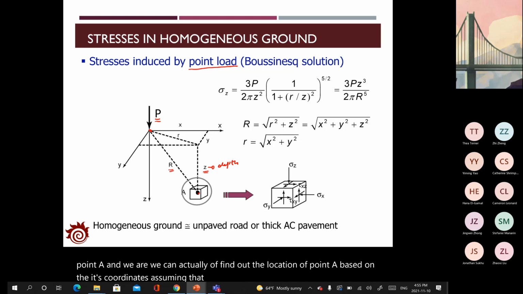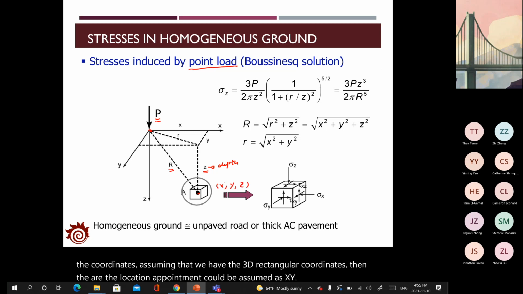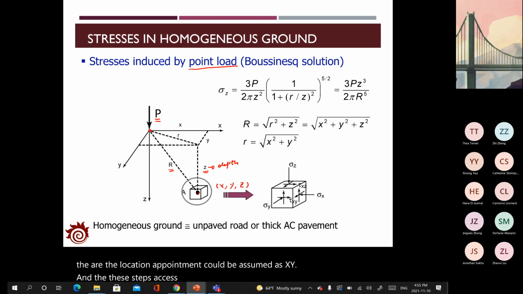and we can actually find out the location of point A based on its coordinates, assuming that we have the 3D rectangular coordinates. Then the location of point A could be assumed as x, y, and z. Z is depth, x is the distance to the y-axis, and y is the distance to the x-axis.